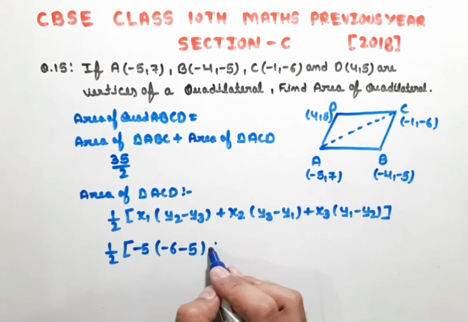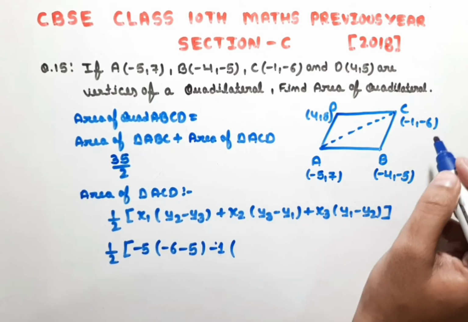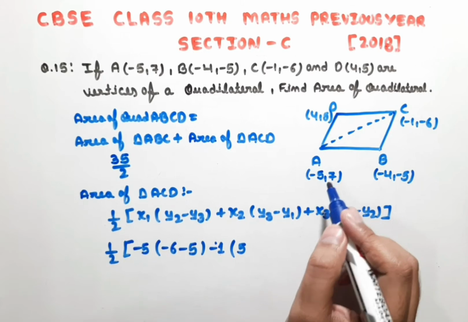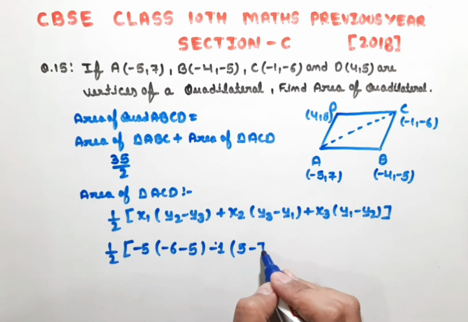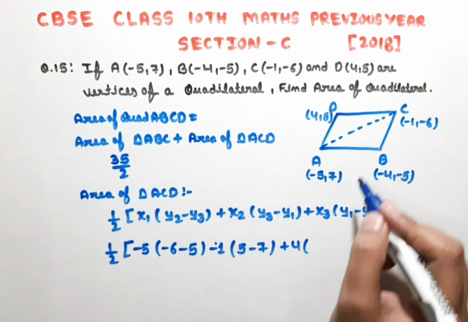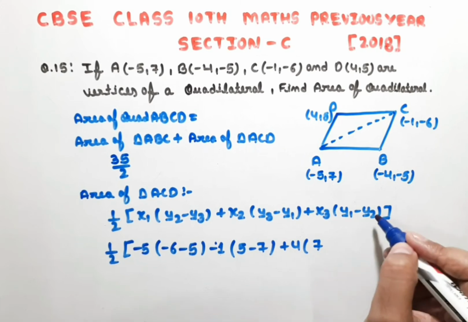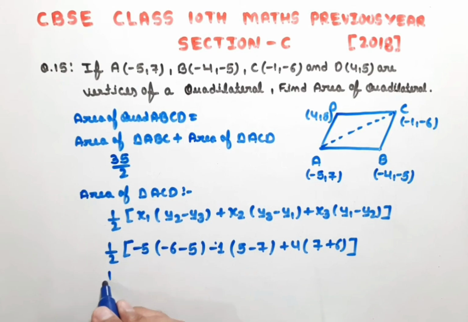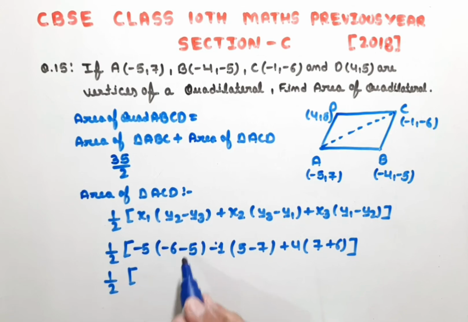Now x2 that is minus 1, y3 that is 5 minus y1 that is 7, plus x3 that is 4, y1 that is 7 minus y2 that is minus 6, so minus minus plus. So from here 1 upon 2 times minus 5 and minus 6 into minus 5. Minus 5 and minus 6 is minus 11, and minus 11 into minus 5 will be 55.